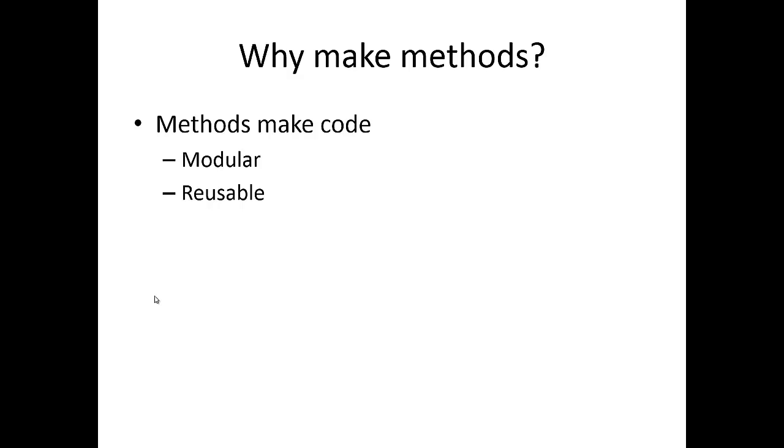Those are things to keep in the back of your mind as you're writing code. If you end up writing the same code over again, or you see an opportunity to isolate and modularize some of your code, I recommend doing that.